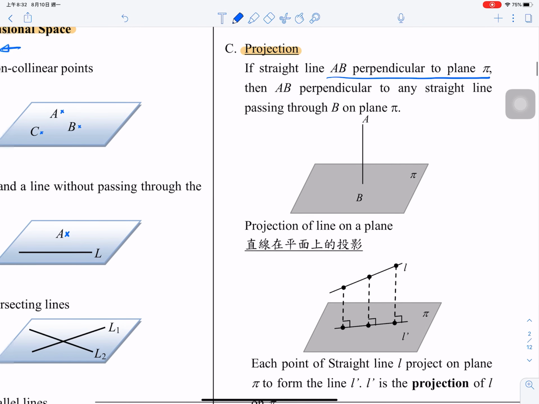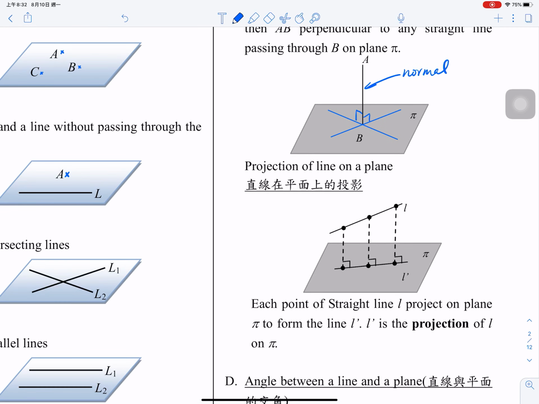Just now we said that this one is a normal, right? For example, like this.